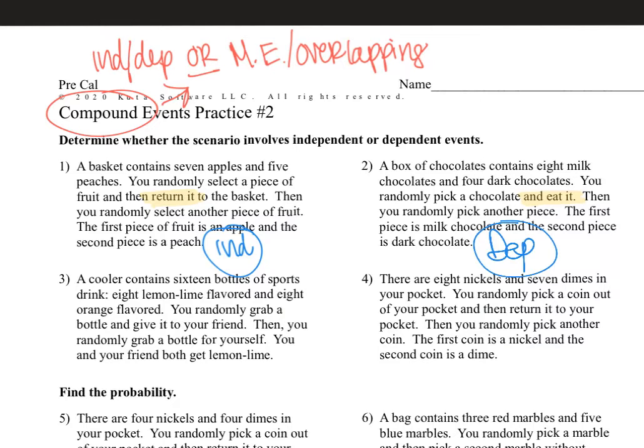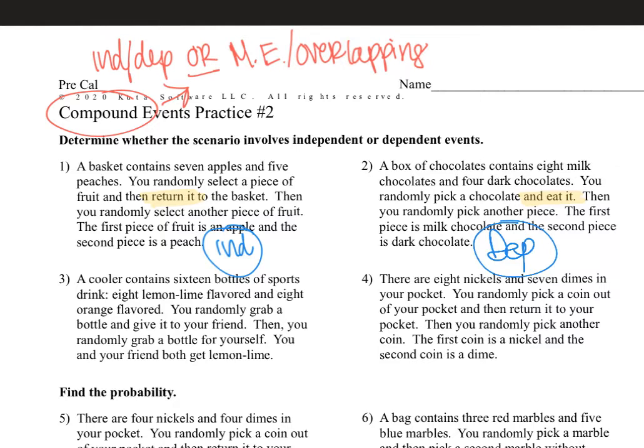Okay? Number 3, a cooler contains 16 bottles of sports drinks, 8 lemon lime flavored and 8 orange flavored. You randomly grab a bottle and give it to your friend, then you randomly grab a bottle for yourself. You and your friend both get lemon lime, okay? Now, you kind of have to think about this one because I said I got one and I gave it to my friend.